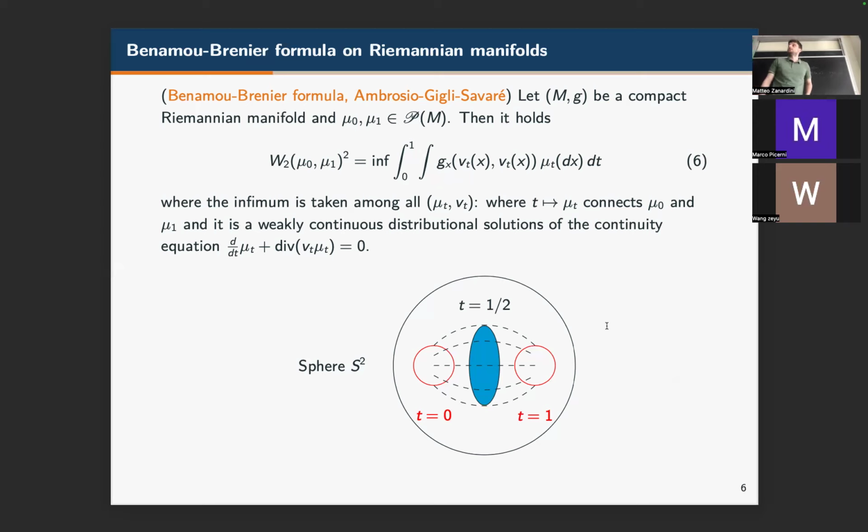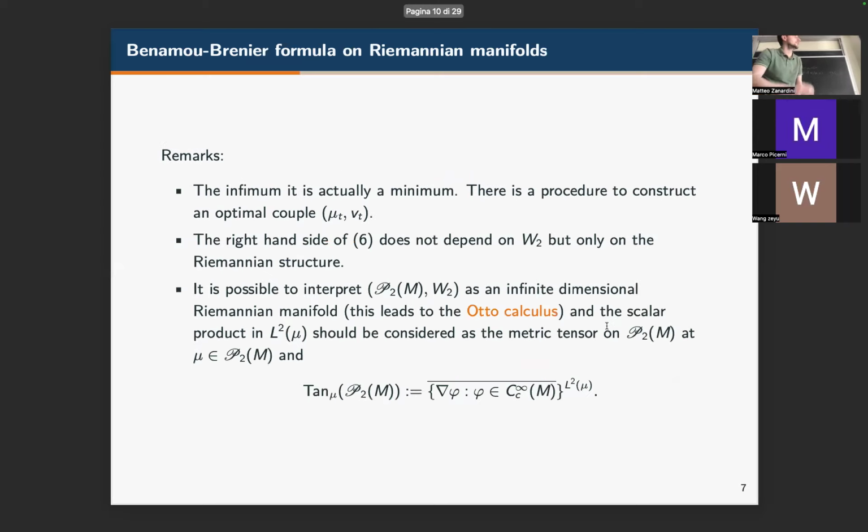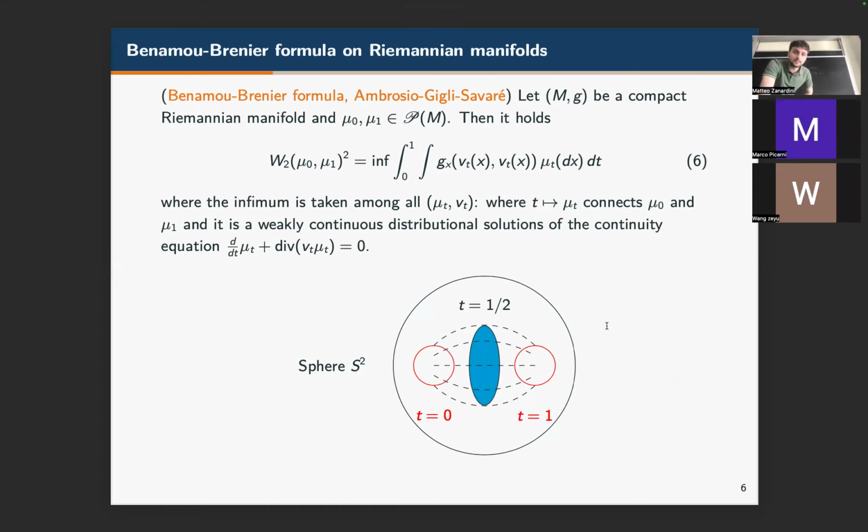Are there questions? Okay. Now I have some remarks. The first one is that actually the infimum is a minimum, so there exists an optimal couple. The second remark is that you can see from formula (6) that the left-hand side only depends on W2, the Wasserstein structure.